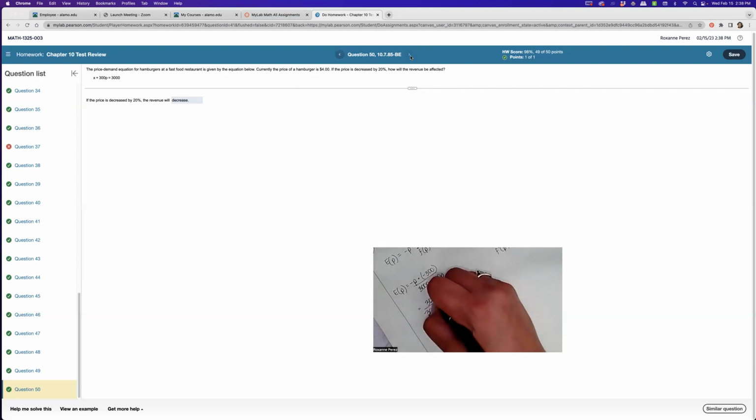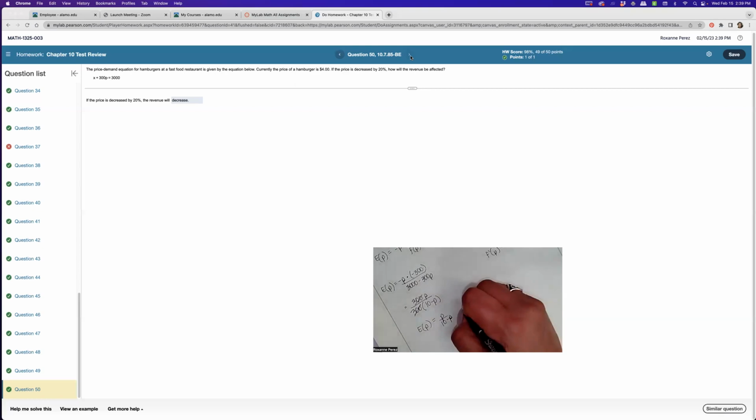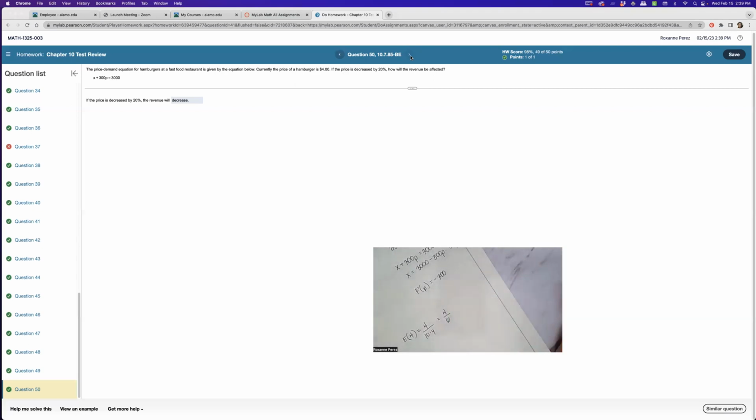There's a P right here too that I forgot to bring down. So E of P equals P divided by 10 minus P. And we know that our price is $4, so we can evaluate this at 4. So E at 4 equals 4 divided by 10 minus 4. That's 4 divided by 6, which reduces to 2/3.